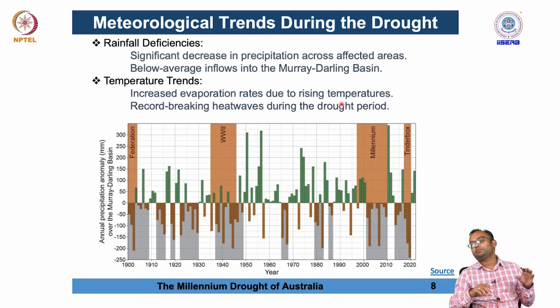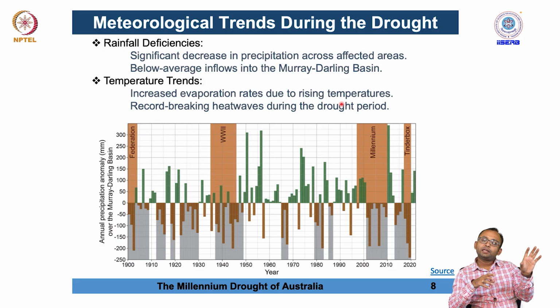So, in the beginning when we talked about the heat waves, we already discussed that if you change the land use land cover conditions in such a way that we are changing the albedo, we are also changing the sensible heat and latent heat behavior of those areas.